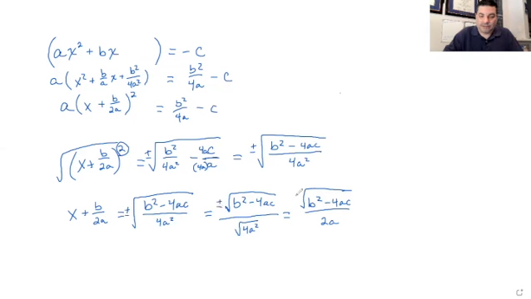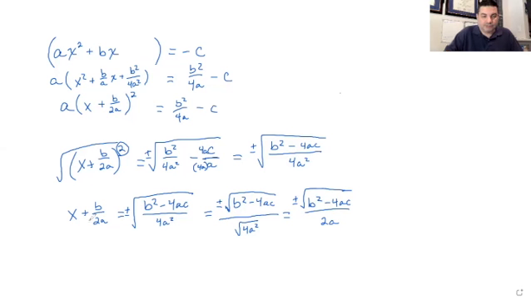So I'm going to write plus or minus. Very important concept. When you take the square root on your way to solving an equation where the x is somewhere being squared on the other side, you have to put plus or minus.